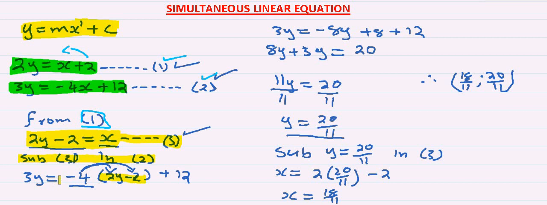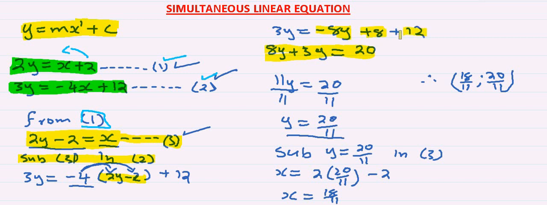Then 3y was equal to negative 4 open brackets 2y minus 2 close brackets plus 12. Then we solved for y by simplifying. For negative 4 multiplied by 2y, we got negative 8y. Negative 4 multiplied by negative 2, we got positive 8. Then we dropped down 12.